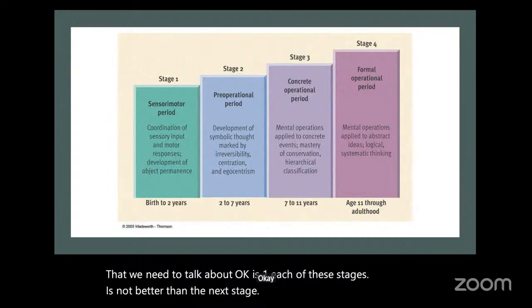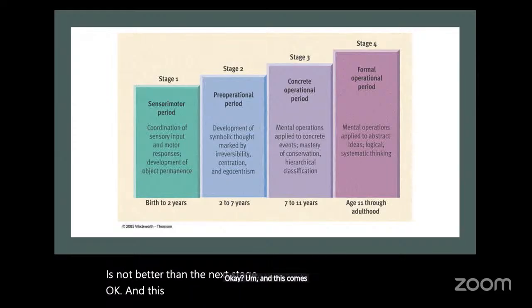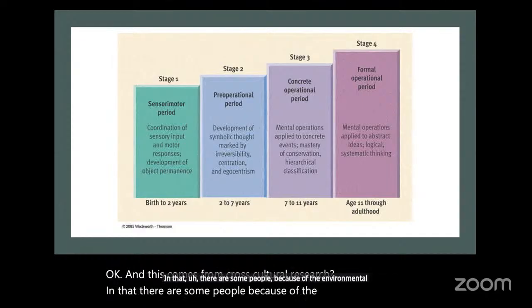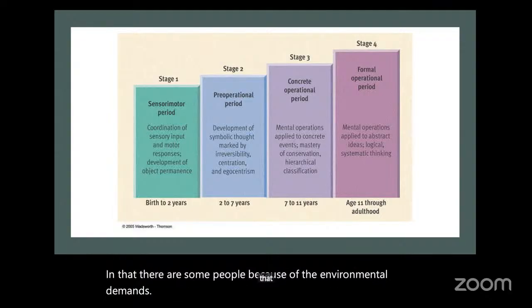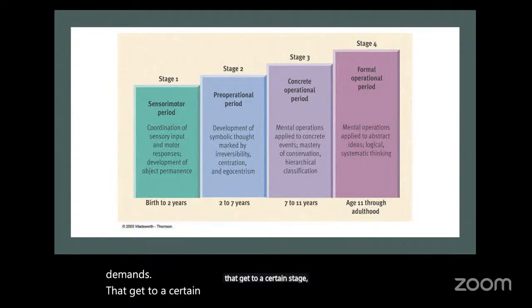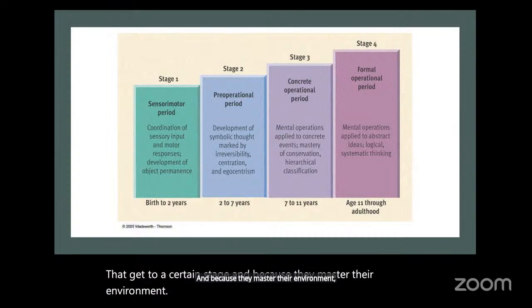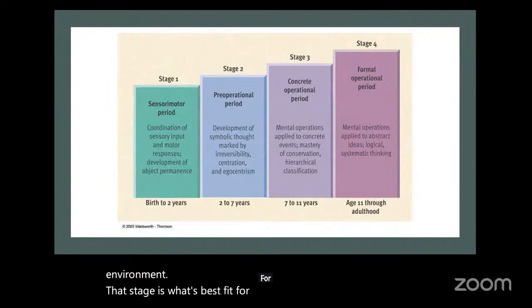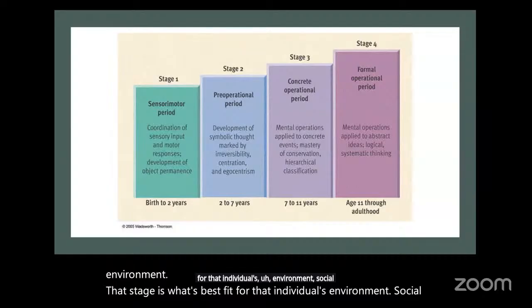And this comes from cross-cultural research, in that there are some people who, because of environmental demands, get to a certain stage, and because they master their environment, that stage is what's the best fit for that individual's environment, social situation, and context.